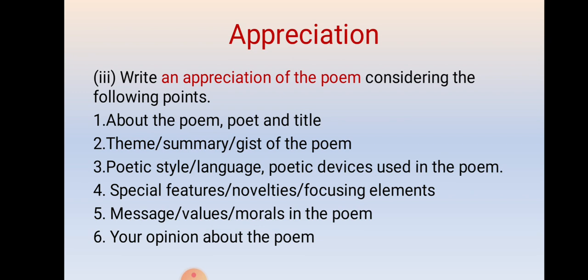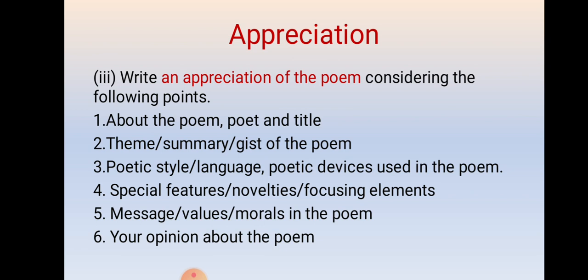Here you can see this poem is a narrative poem. So this is a special feature of this poem, and all the characteristics of a narrative poem are present in this poem, and it looks like just a story, just an incident. So in this way you can comment on this poem.